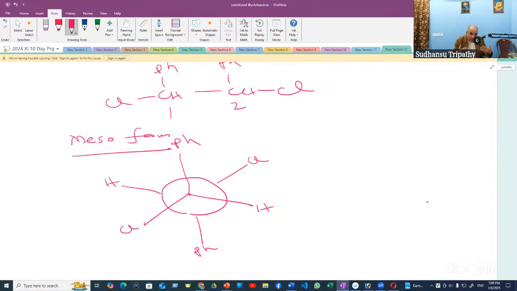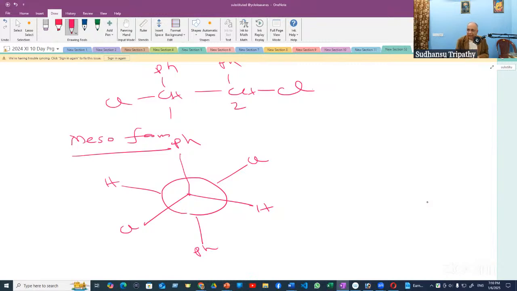But within the staggered format, there will be 3 rotamers. Sometimes 2 are enantiomers. Sometimes 2 are identical. So even the rotamers sometimes are not considered in the number game. I will show you the integer type of question.